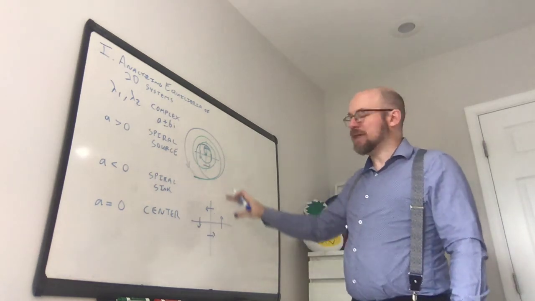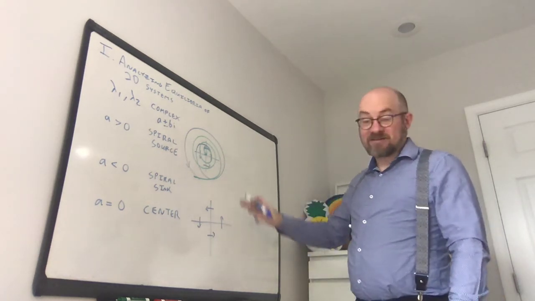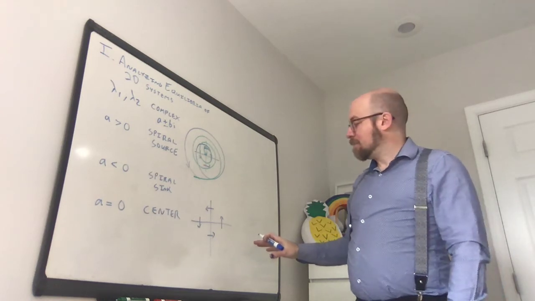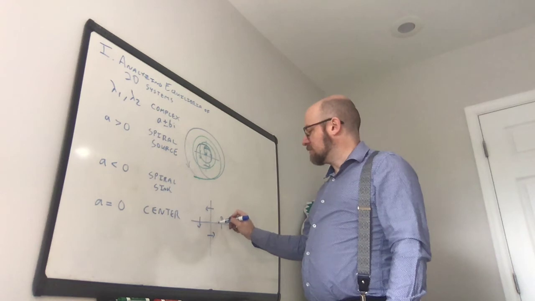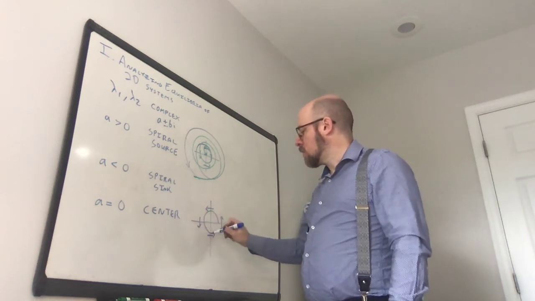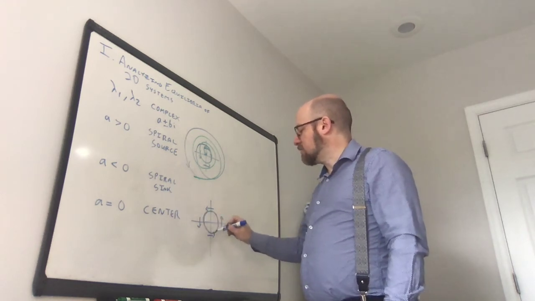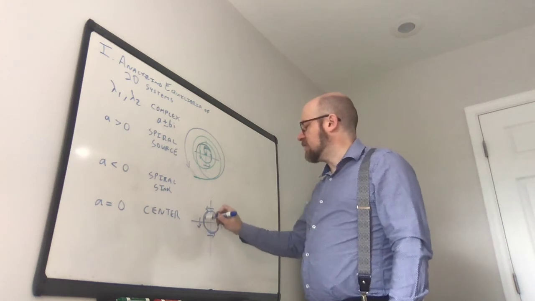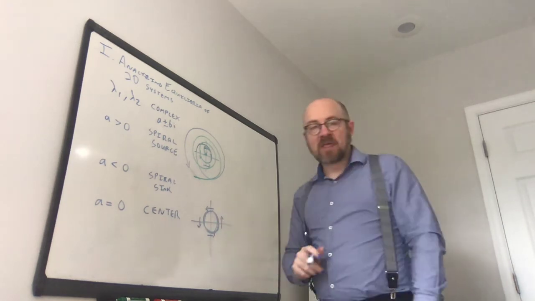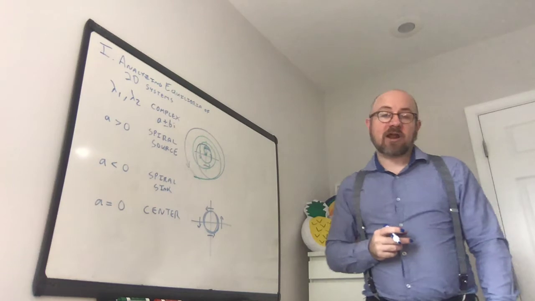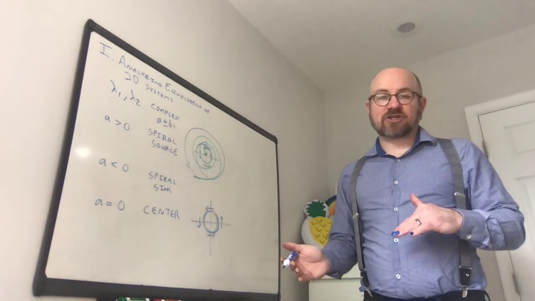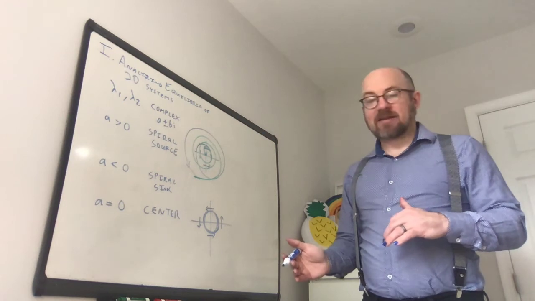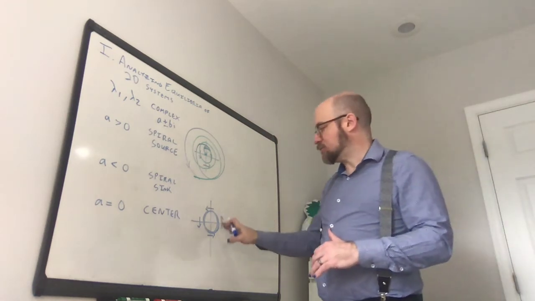In all of the complex cases, your nullclines look something like this. But what happens in a center is you get stable cycles. So you get trajectories that look like this, where they just kind of keep following the same path. And this is what we see in the predator-prey model, actually. So we'll talk about that model in the next lecture and how we get this situation.